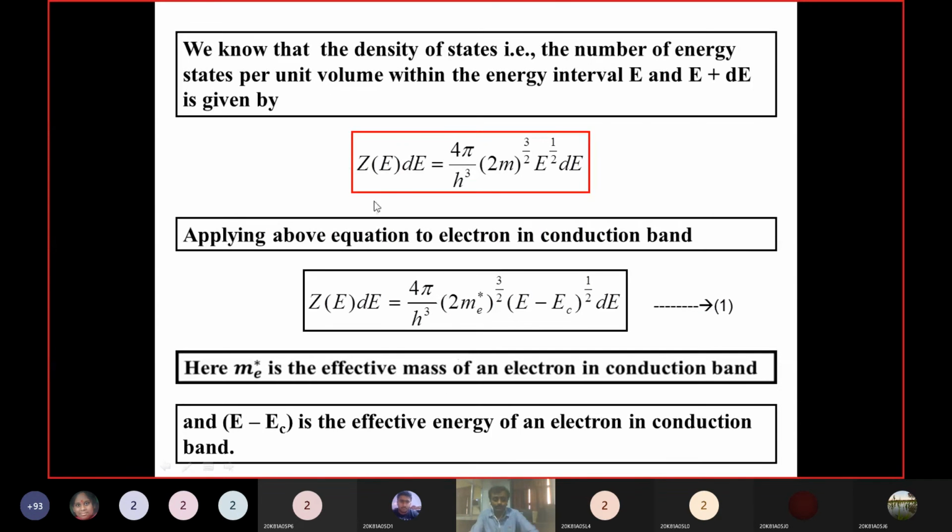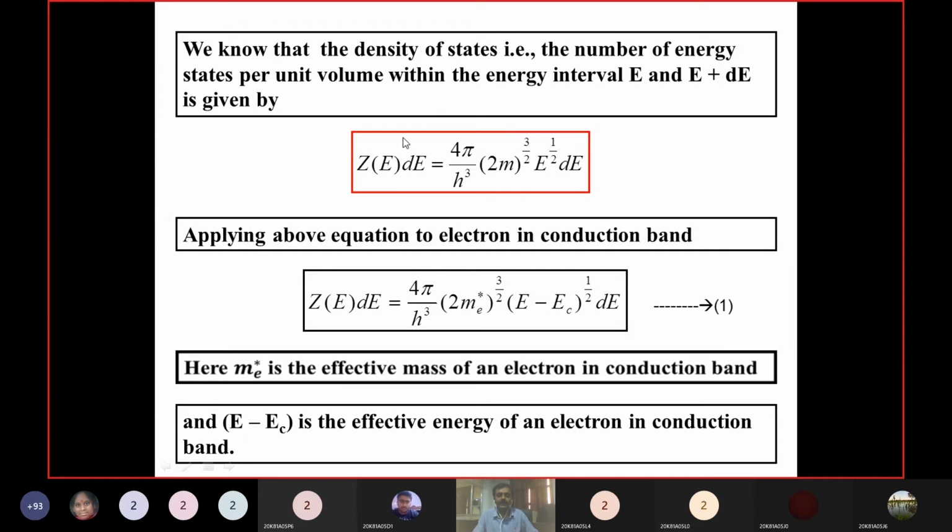Now the density of states in the interval E and E plus dE, that is Z(E) dE. This calculation is not required for you, so you have to remember this by heart.